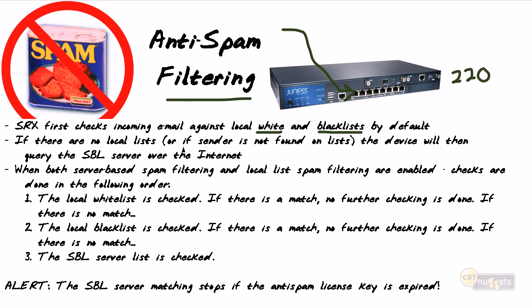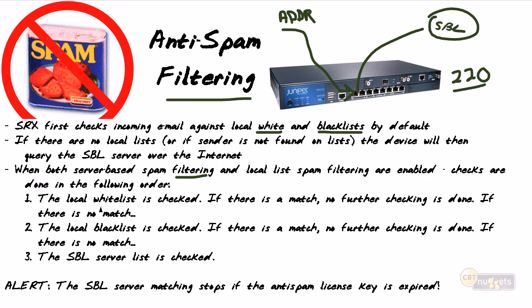Now, if there are no local lists, okay, you haven't configured local spam filtering, or let's say the sender's IP address is not on a configured whitelist or blacklist, then the device is going to query the SBL server out here on the internet. Now, if you've configured both server-based spam filtering, SBL, and local list spam filtering, then here's the order that the checks are going to be done on this SRX 220.